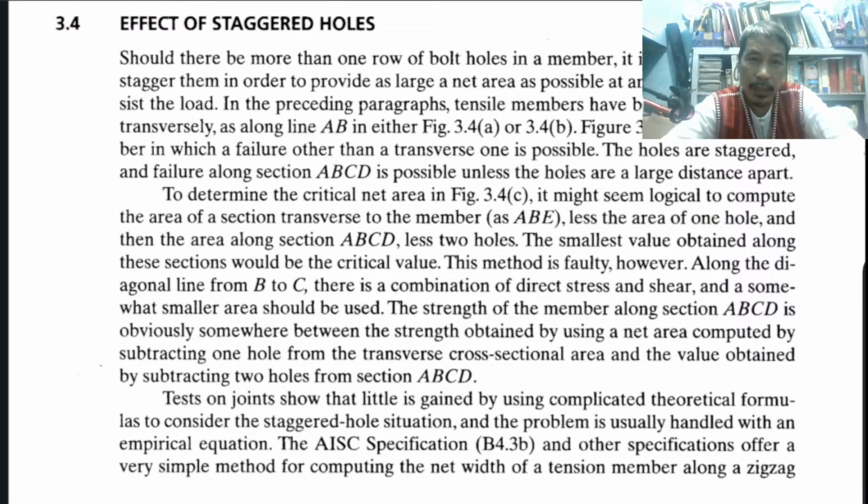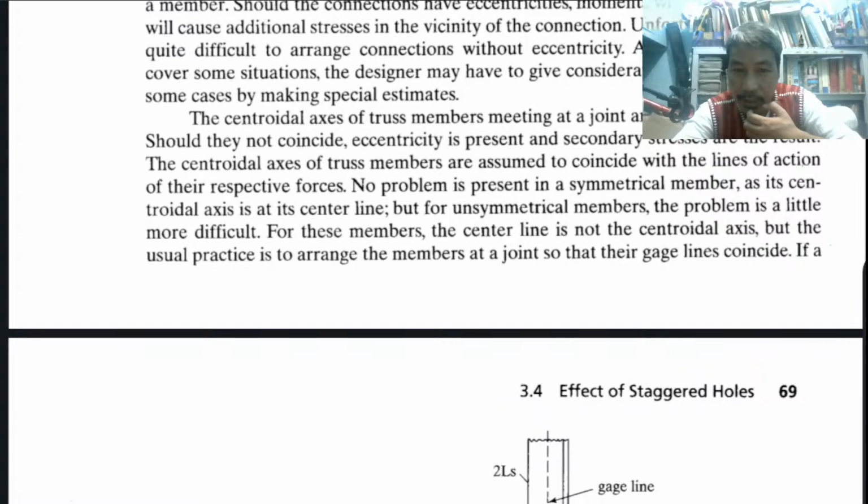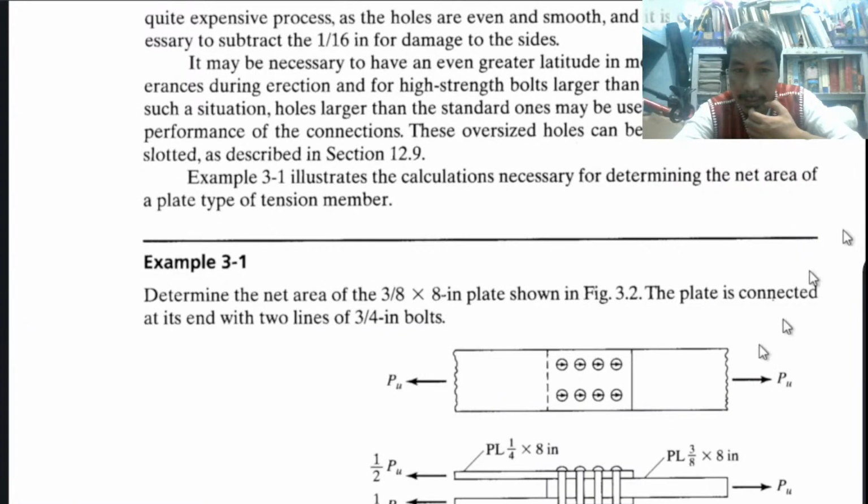In the preceding paragraphs, tensile members have been assumed to fail transversely. Why transversely? What do we mean by that? The failure is transverse, like this. This is the transverse direction.